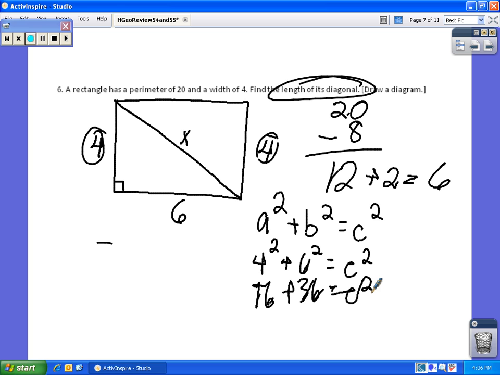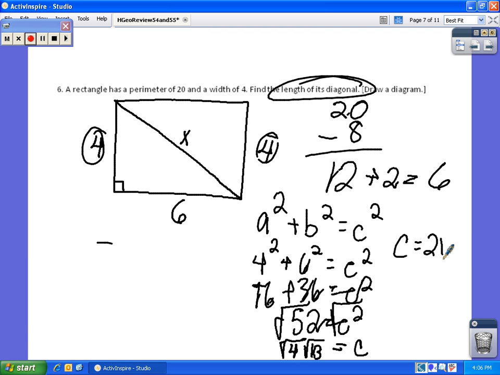So c squared is equal to 52. And then to solve for c, I take the square root of both sides. I don't know the square root of 52, but I can break it up into radical 4, radical 13. So my final answer is 2 radical 13 units.